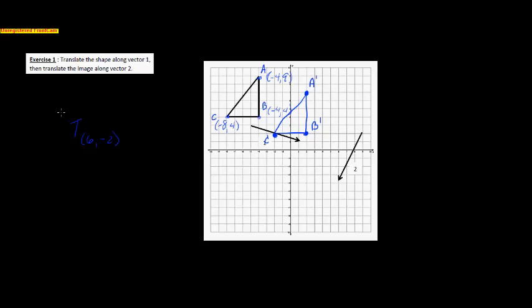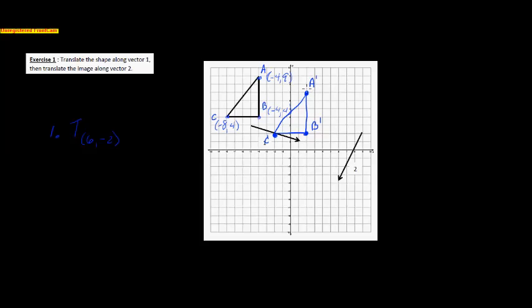Alright, so I'm going to label this one number 1 because it matches up with vector 1 over here. Now, the only thing different we're going to do is I'm going to change colors so it doesn't get as messy over here because I got a lot of blue going on. I'm going to change over to red, and now all I want to do is work off of that triangle that I just did.